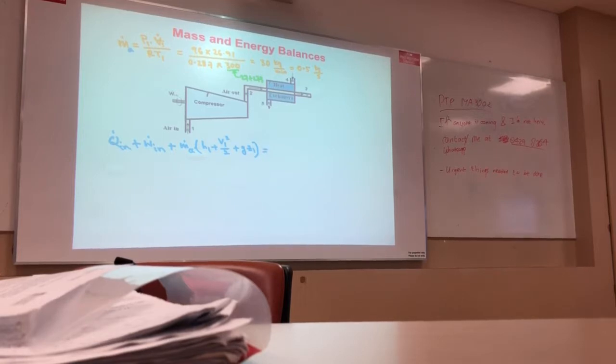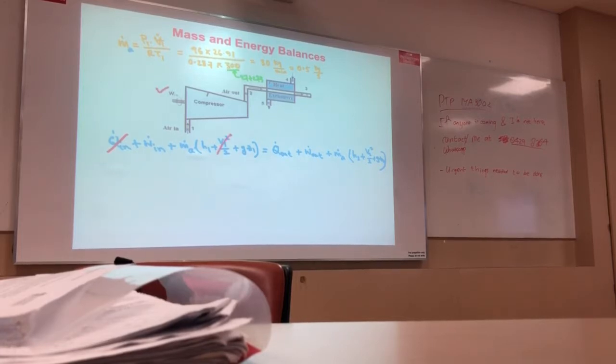Right, so this one equals Q dot out plus W dot out plus m dot A times h2 plus V2 squared by 2, this is at 2, right? Now what can I do? Q in is 0. Very good. W in is 0.